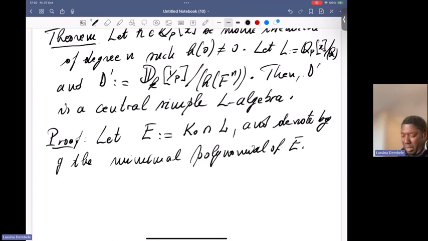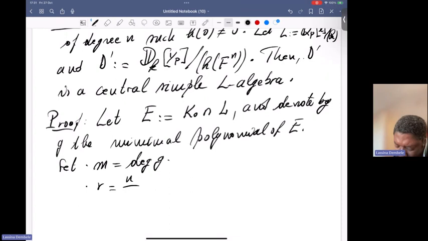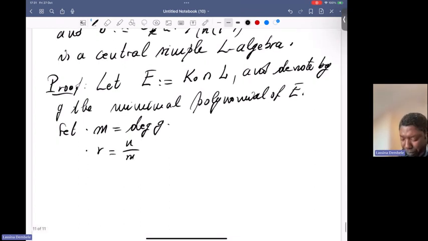Okay. So now we're going to set M to be the degree of G, and then R would be N divided by M. Once we do this, we can apply the lemma to this setup.